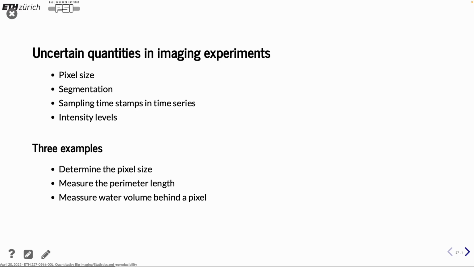Then the next one involves more components. That's measuring the perimeter length. We actually have that one as a property in region props. And finally, using the gray level to measure water volume behind each pixel.